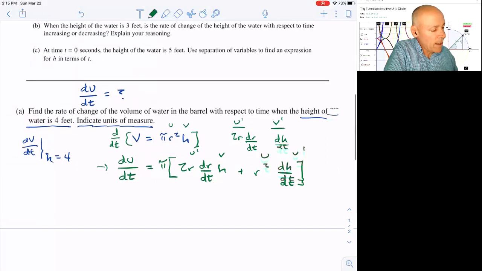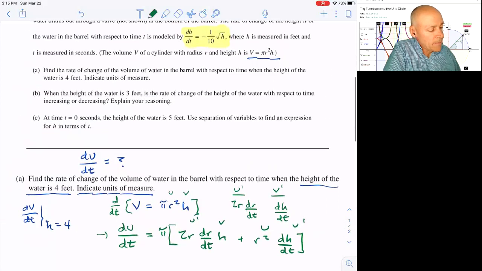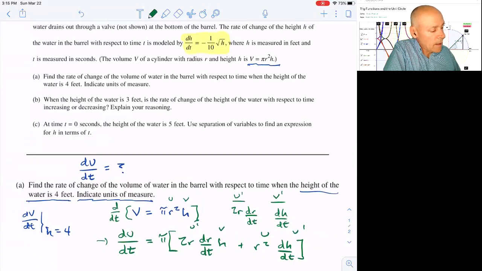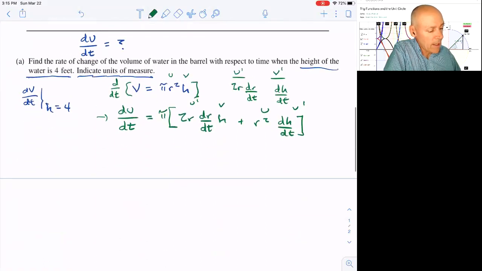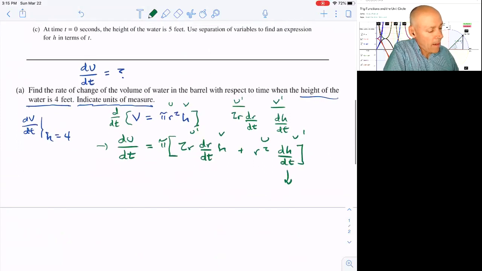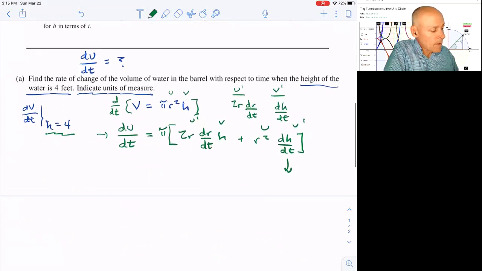I'm told dh/dt is given as negative 1/10 square root of h, so I'm just going to drop that in. I have to remember that h is equal to 4, so I'm going to drop in 4 for h.